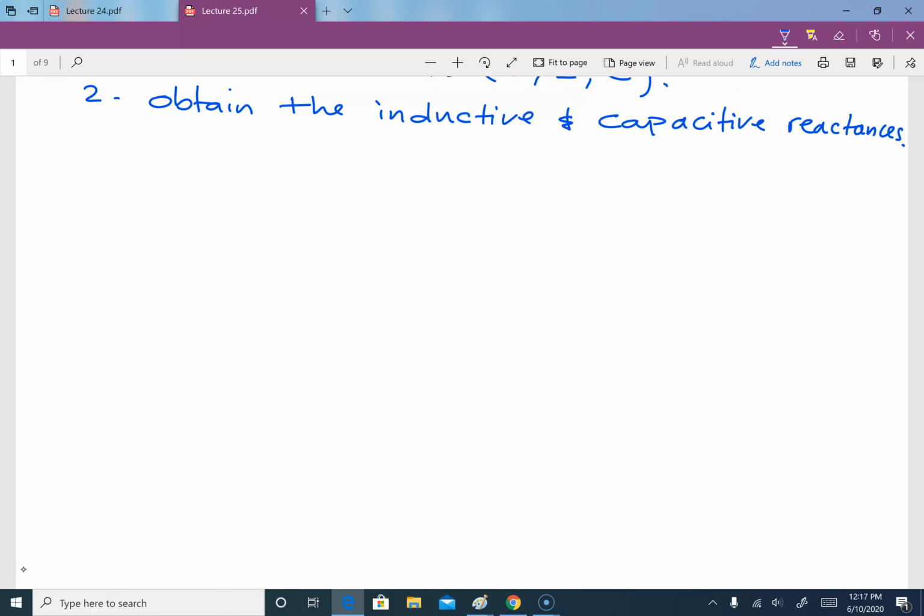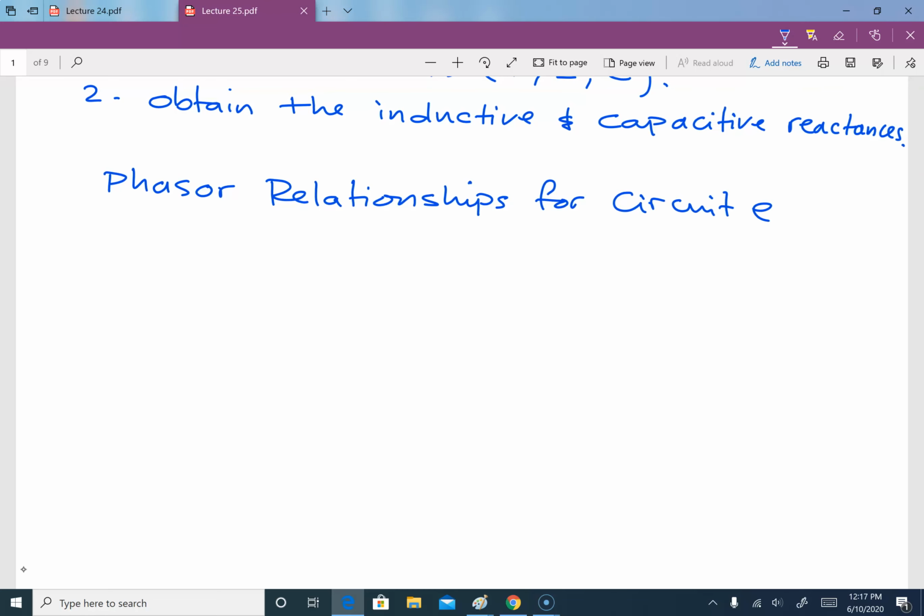So first we will start with the phasor relationship for circuit elements.